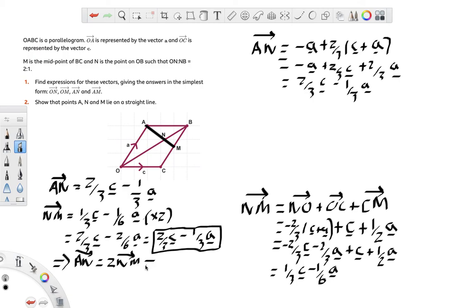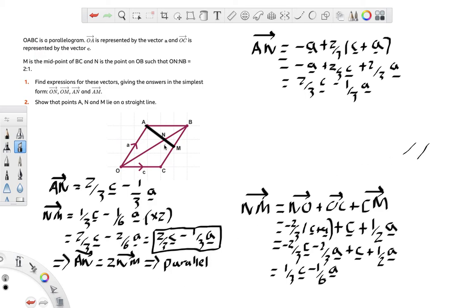So therefore, they must be parallel. But the thing that makes it a straight line, because obviously if they're parallel, well, we're thinking, well, they must look like this, so like train tracks.